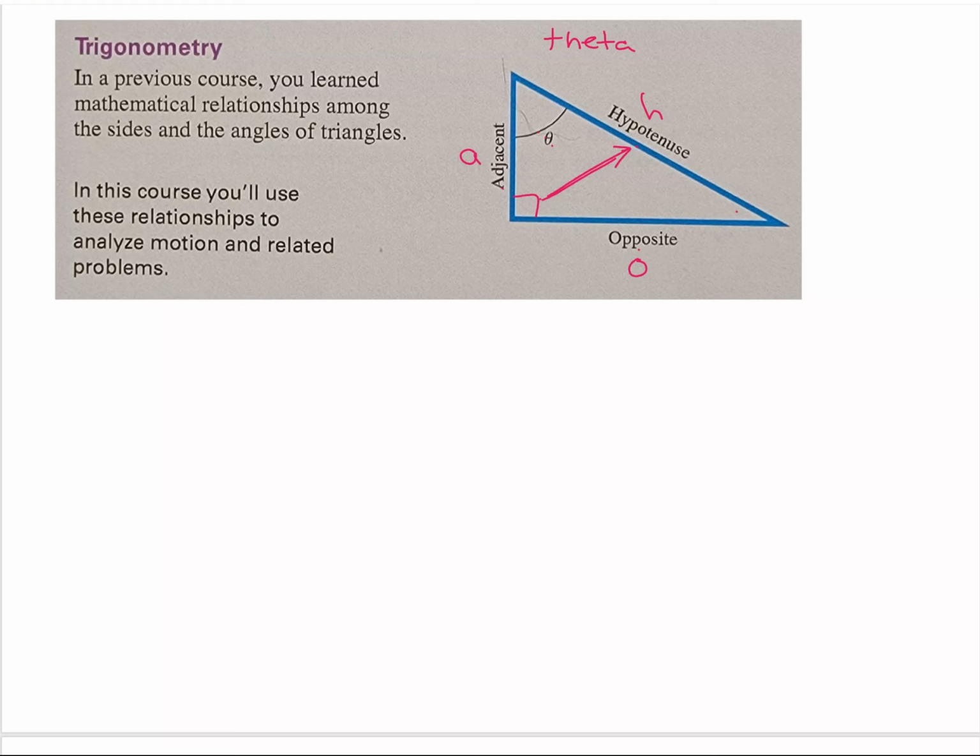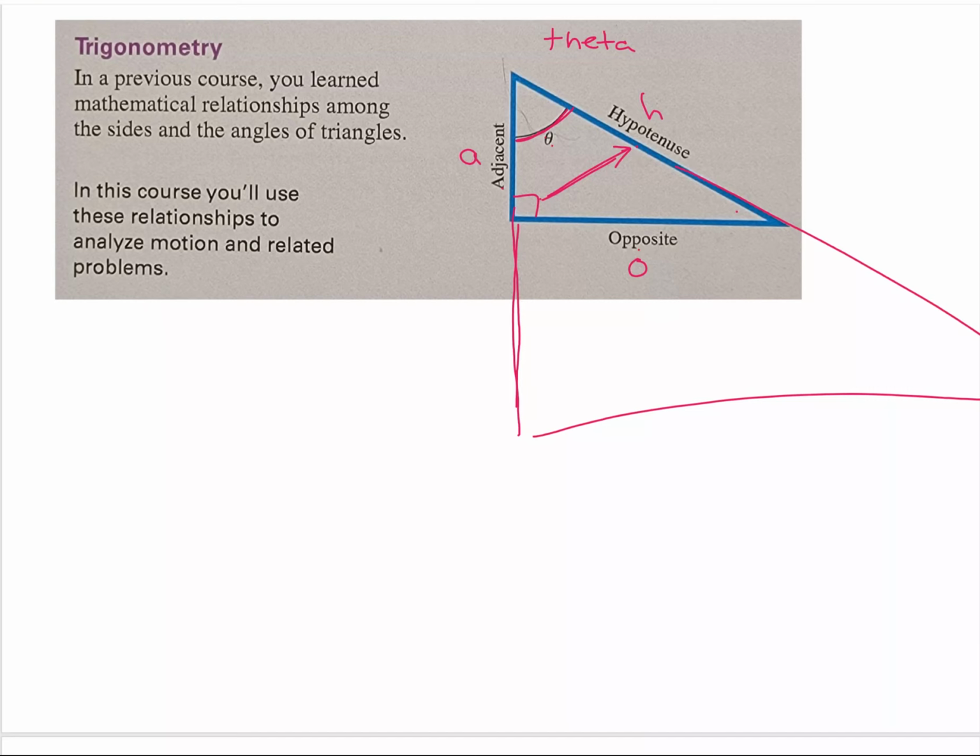They figured out that no matter how long I made these sides, as long as I kept my angle the same, so for example, if I extend this leg right here and extend this hypotenuse down and connect that over there on the end, I keep this angle right here the same. It makes another right triangle, just a bigger right triangle. They're similar triangles. The angles are all the same.